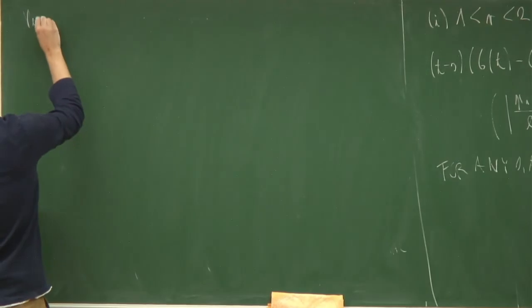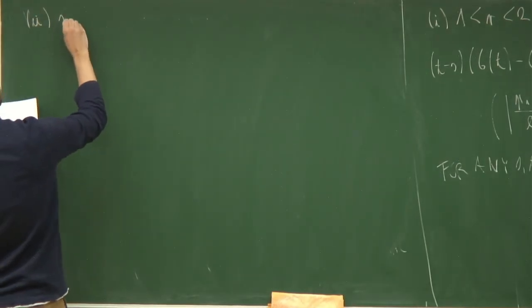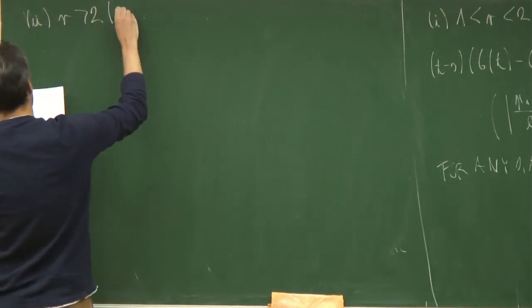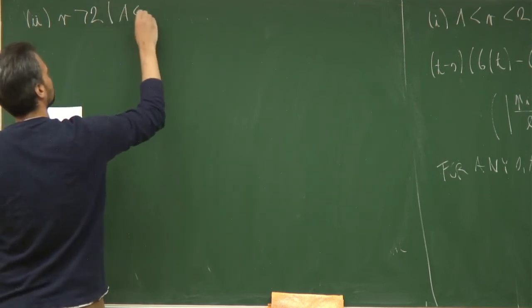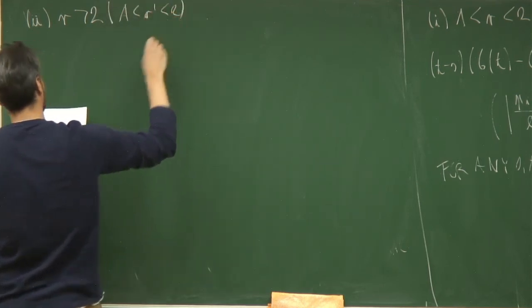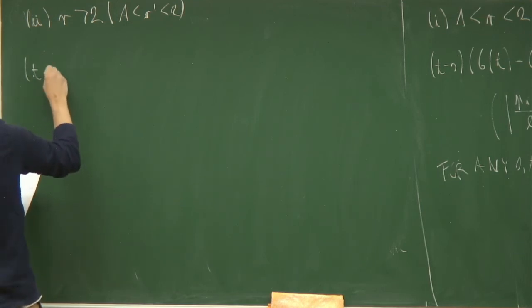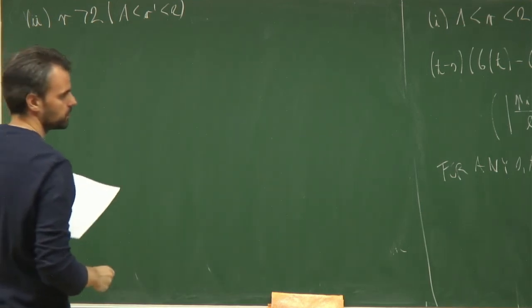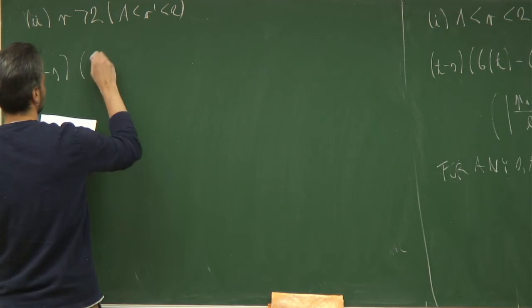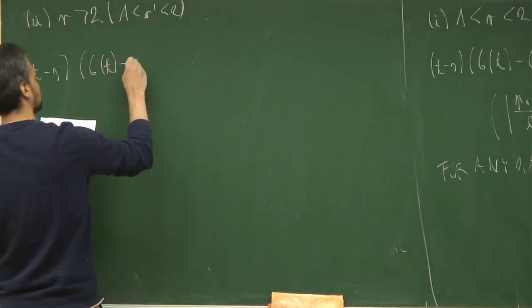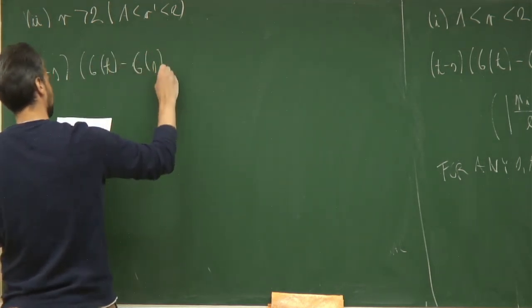So in the second case, the conjugate is from 1 to 2. You have a similar equation, more or less: (t − s)(g(t) − g(s)).